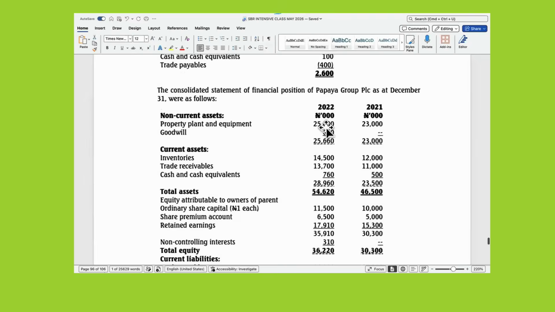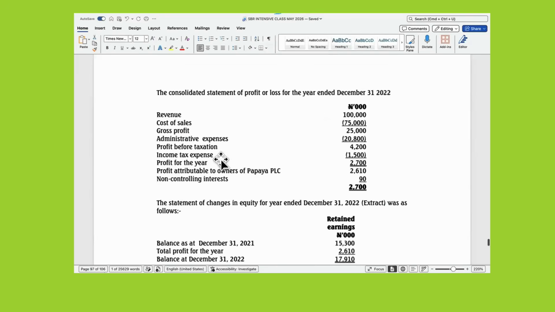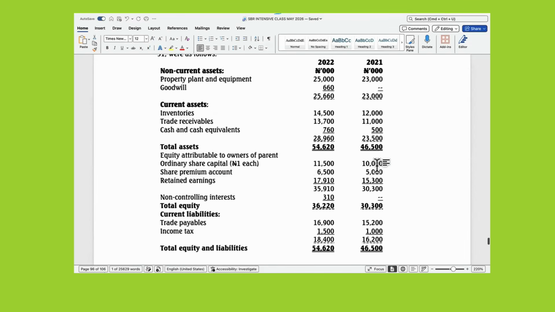That should be the profit for the year, the profit attributable to owners of the parent, which is 2,610. That's profit. It's not a cash movement. Since the movement is equal to profit, that means there was no dividend paid, so I ignore that.